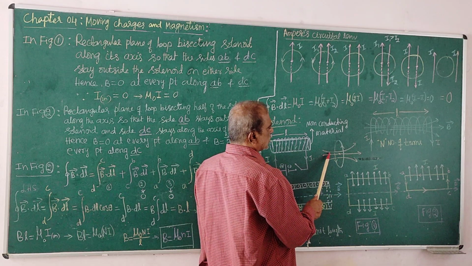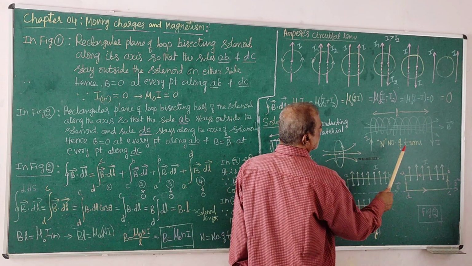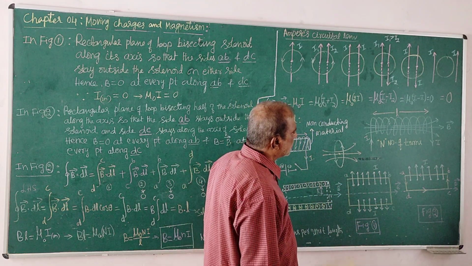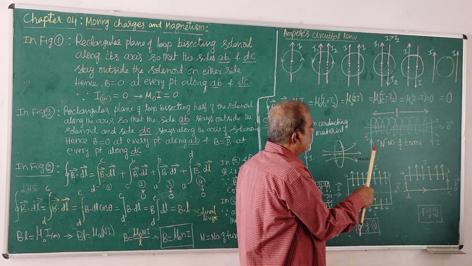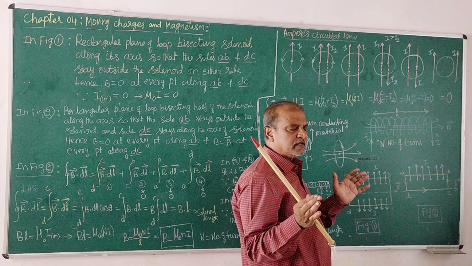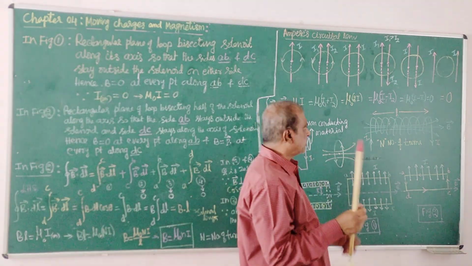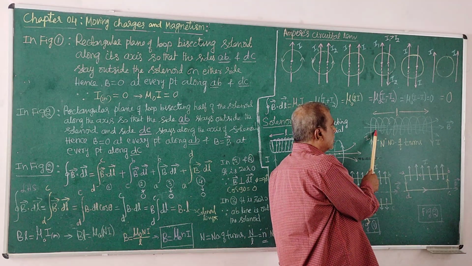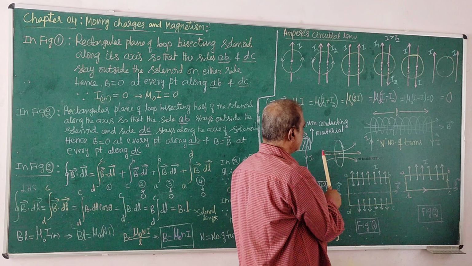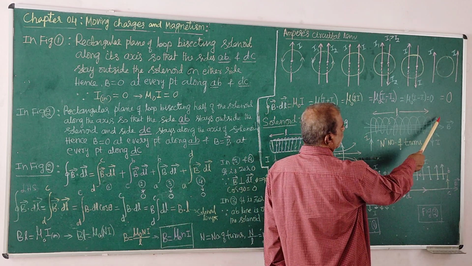So each turn produces lines like this, and all N turns produce the same lines. Along the axis of the solenoid, inside the solenoid, the field is intensified, getting multiplied by each spiral. So magnetic field lines are produced like this. Here by a single circle, here by many circles.